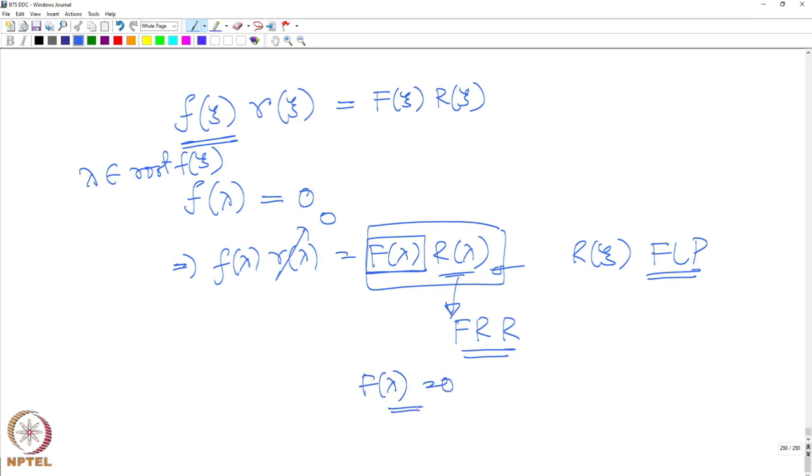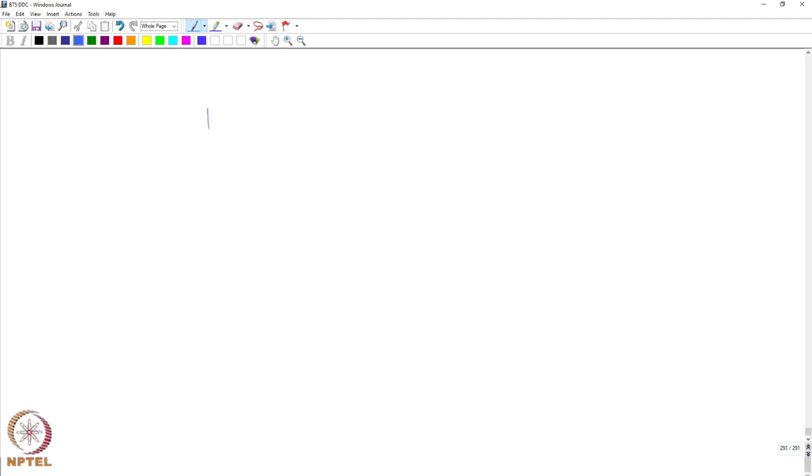What does that mean? That means f(ξ) can be written as (ξ minus λ) times some g(ξ), isn't it? Sorry, my bad, what did I write? I write all sorts of weird things.